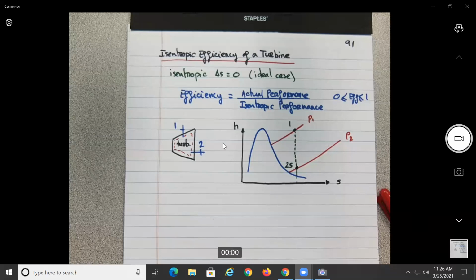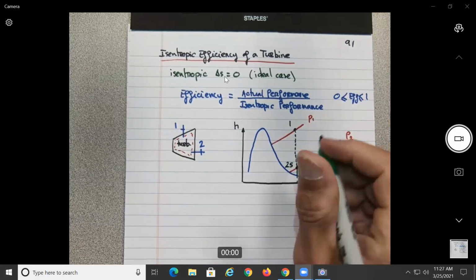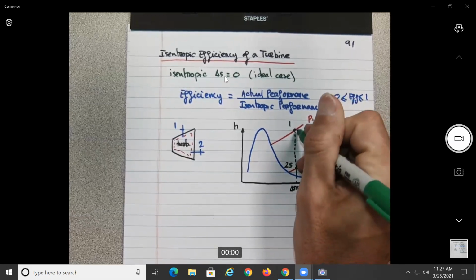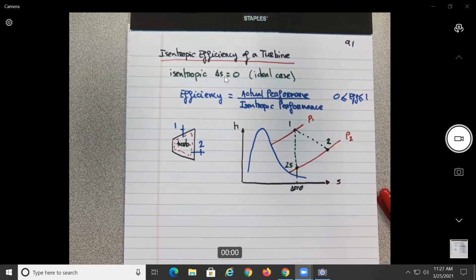Now, if this is not an ideal turbine, what's going to happen to the entropy? It's not going to be 0, and the entropy needs to be positive, no? It should increase. So what does that mean? We're not going to be here anymore, where delta S equals 0. Our point should be somewhere over here, with increasing entropy.